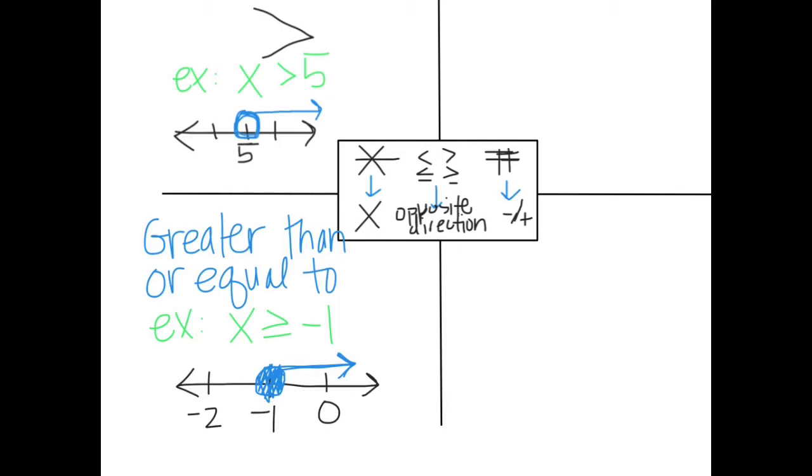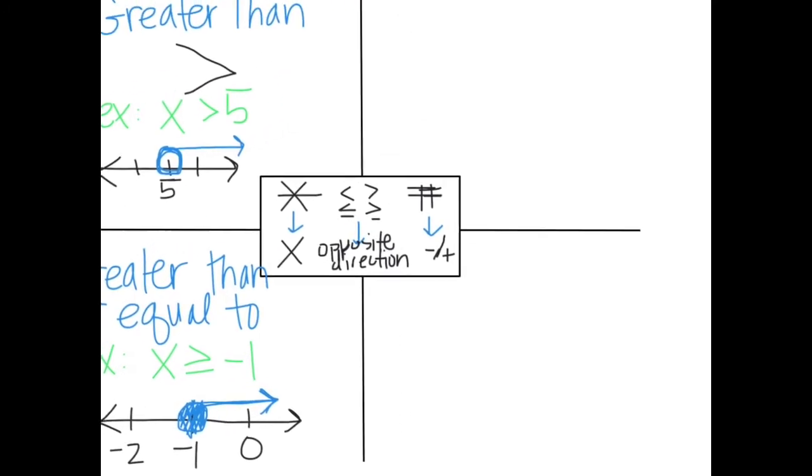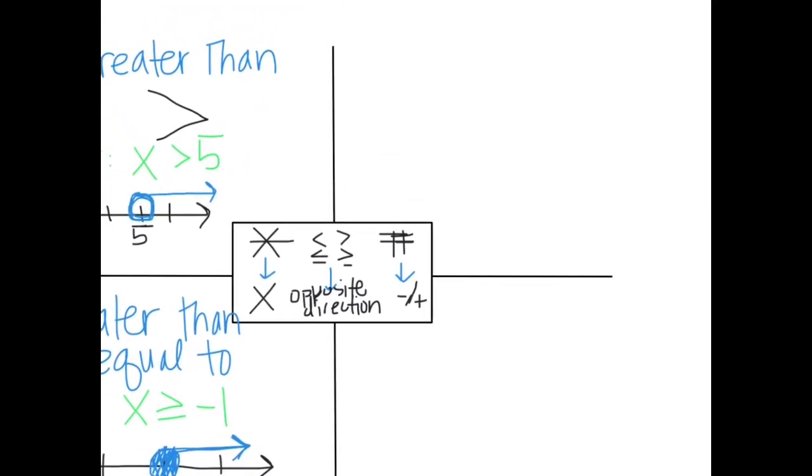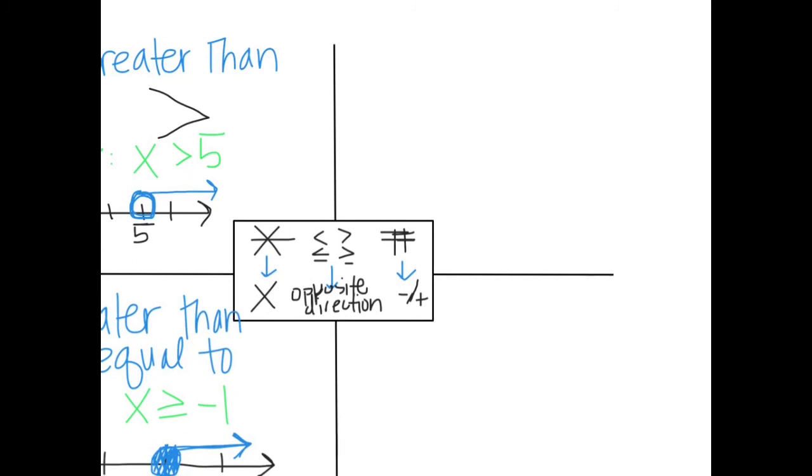I'm going to move up to the quadrant right here, and let's start talking about less than. My symbol for less than, just like you would imagine, looks like this. And an example of less than might be, let's see, x is less than 4.